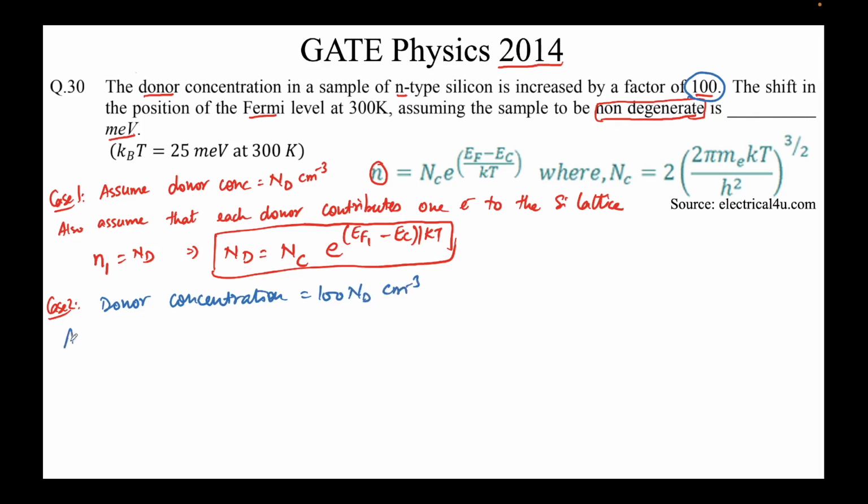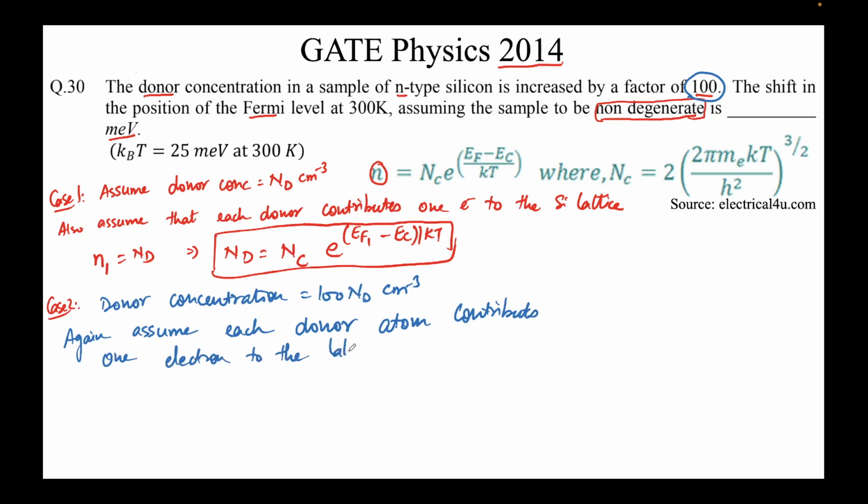Again, assume each donor atom contributes 1 electron to the lattice. So now let's assume the electron concentration is N2. This will be equal to 100 Nd, because there are 100 Nd donors and each will contribute an electron.